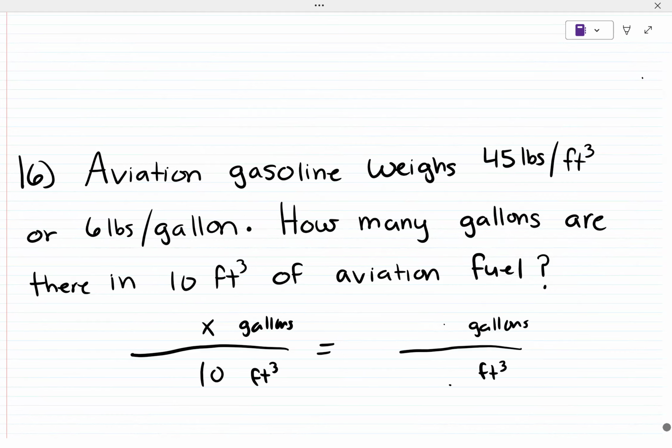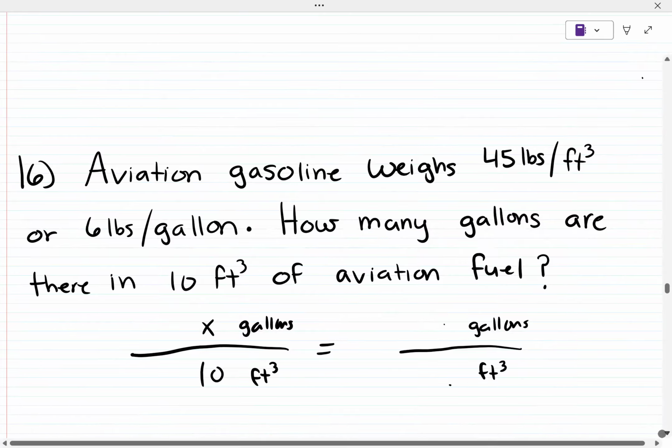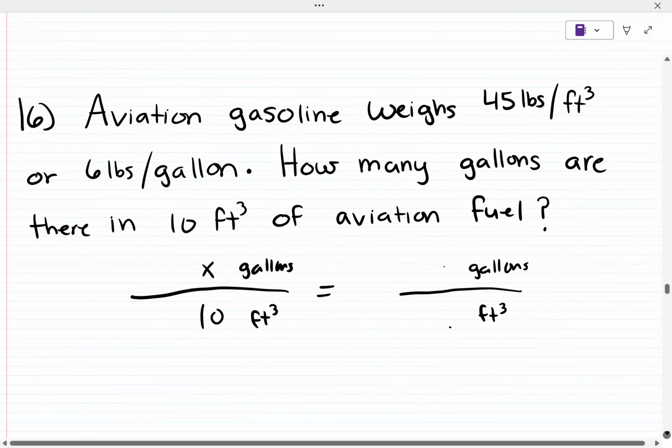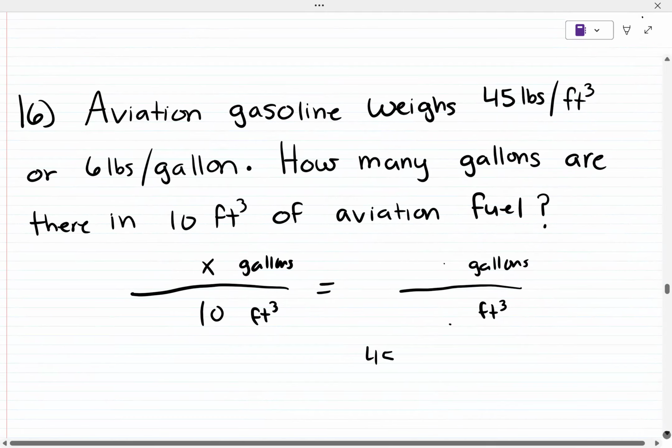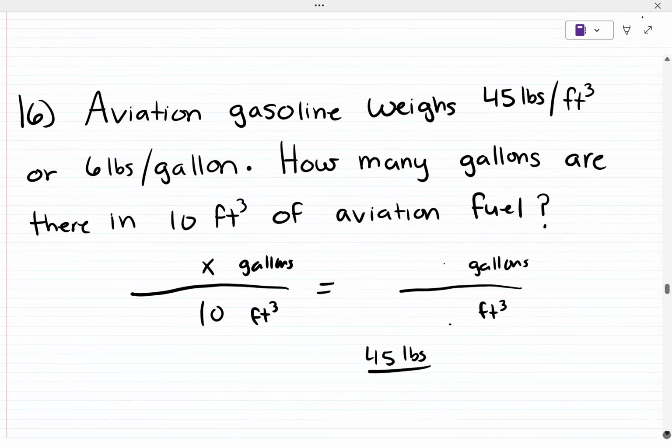It says aviation gasoline weighs 45 pounds per feet cubed or 6 pounds per gallon. So basically you divide those two values. When you divide these numbers, 45 and 6, the units will become gallons per feet cubed. If you don't believe me, I'll show you. So it would be 45 pounds over feet cubed divided by 6 pounds per gallon.